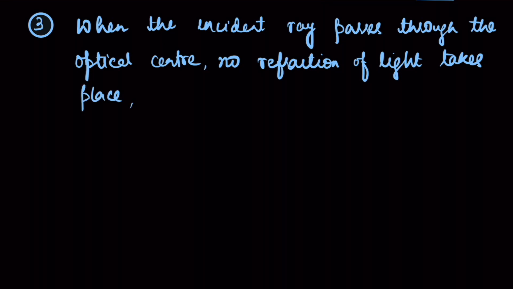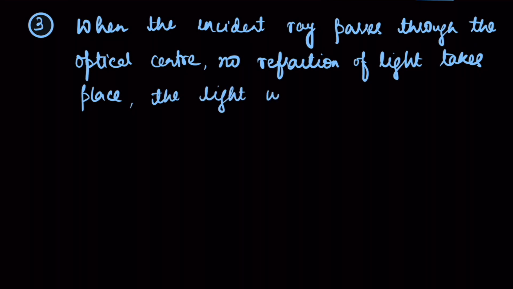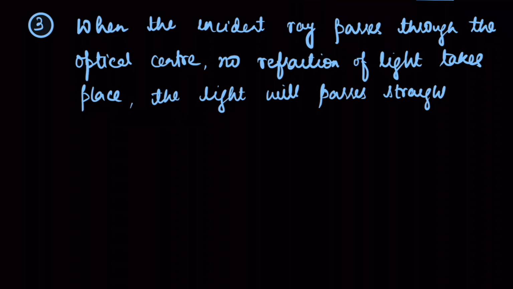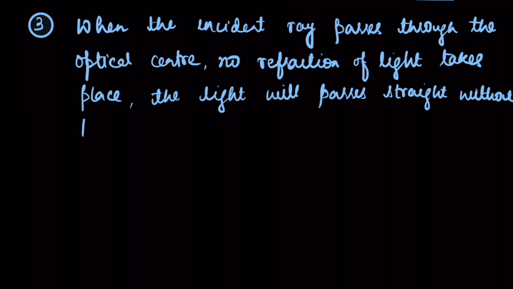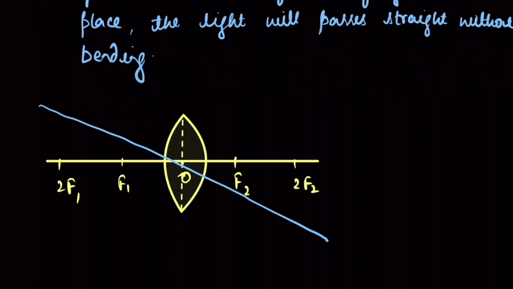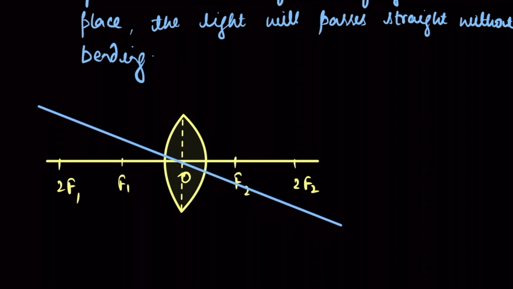It means that the light will pass straight without bending. In rule number 3, we take an example. Let's take a convex lens. Here is the incident ray which passes through the optical center. This incident ray will move straight without bending.